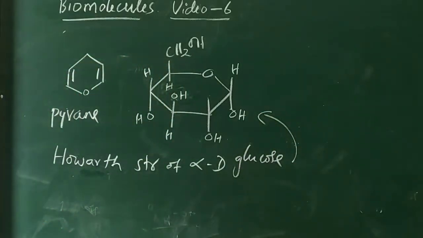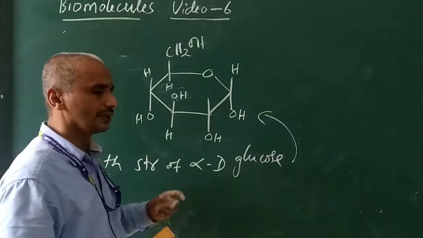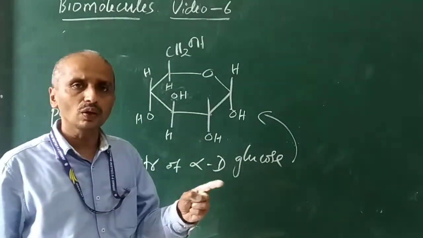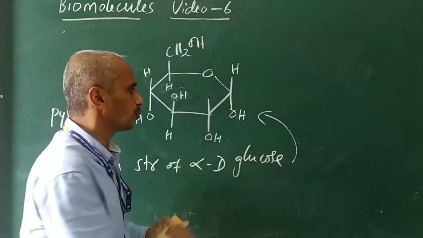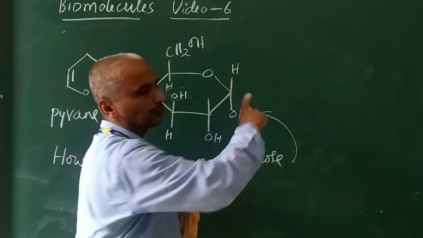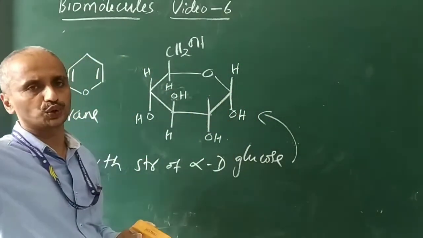In beta D, what is happening? The first carbon OH is on the left side, so shift it to here. This becomes beta D glucose.